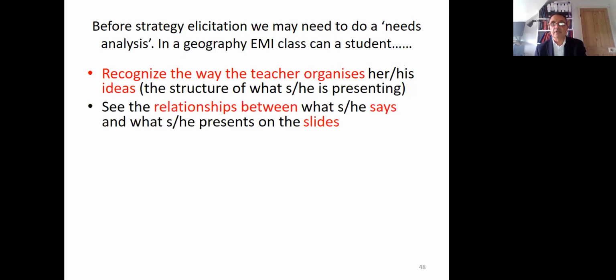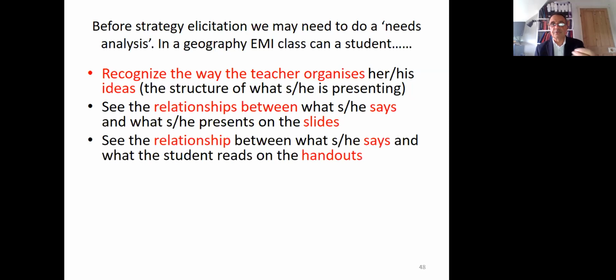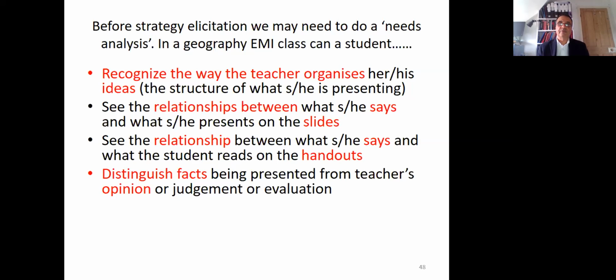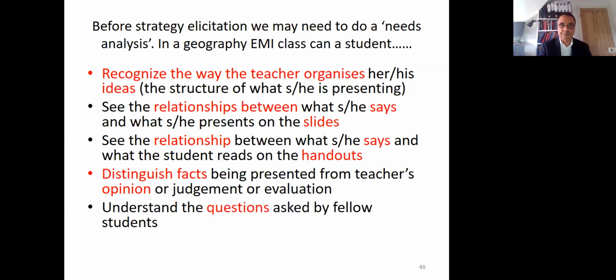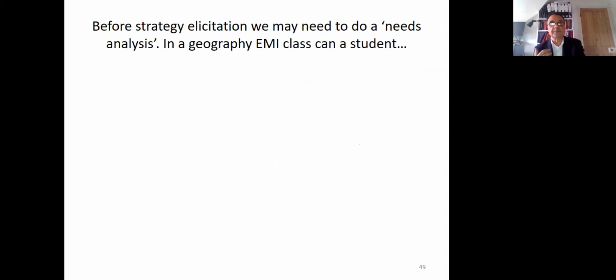Can they see the relationship between the talk and the slides? Can they see the relationship between what she says and the handouts? Distinguish facts being presented from the teacher's opinion? Understand the questions asked by fellow students? So first of all, that's a general approach to strategy instruction: some kind of needs analysis of where they're having difficulty.